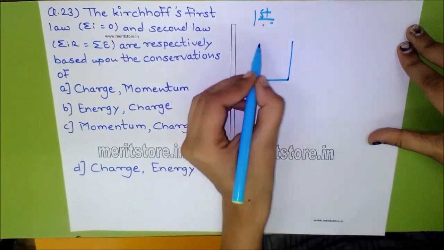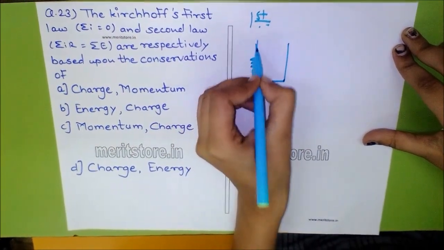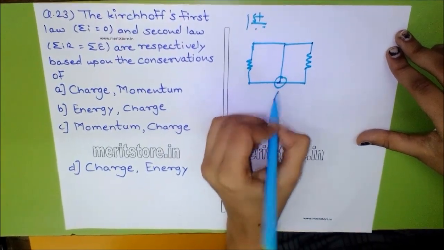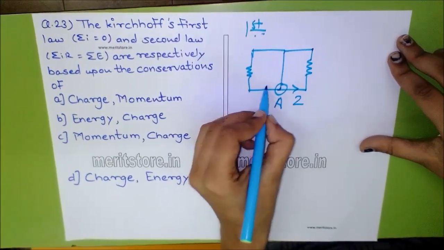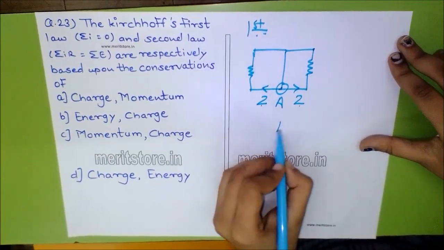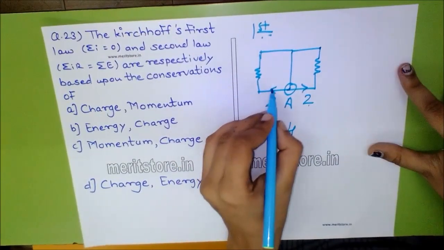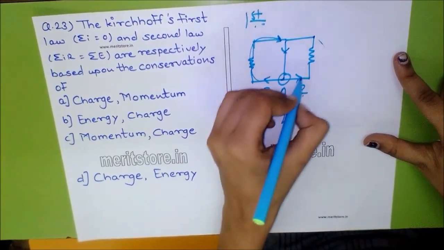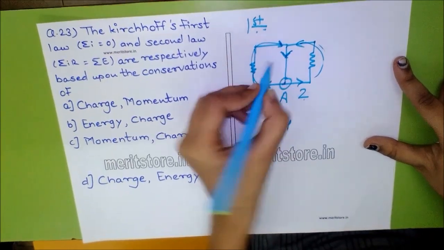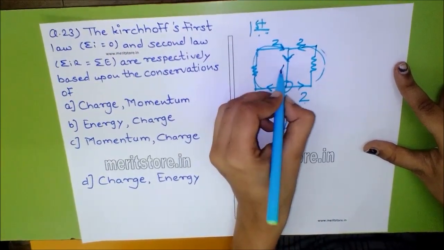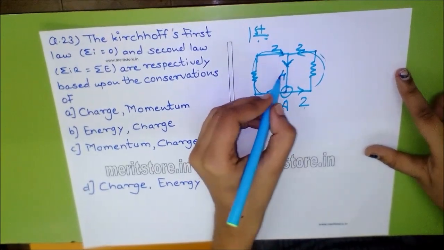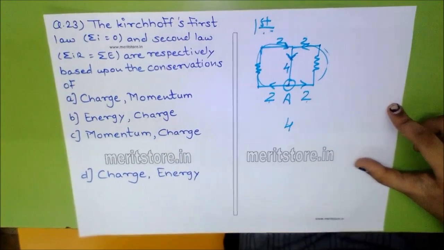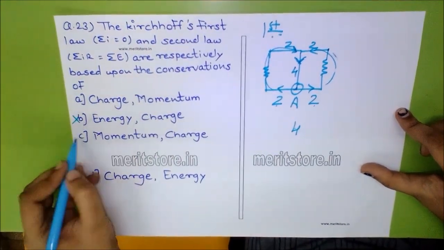For example, over here I have a circuit and this is my junction A. If 2 amperes pass from here and 2 amperes pass from here, so total 4 amperes are leaving the junction, which will go round the circuit and come back over here. Even this will go round the circuit and come back over here. 2 plus 2, that is 4. So if 4 is outgoing, then 4 will be incoming. So this is the conservation of charge. The first law is conservation of charge. So option B and C get ruled out.